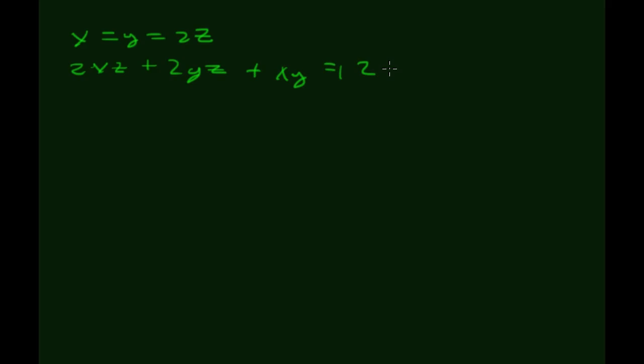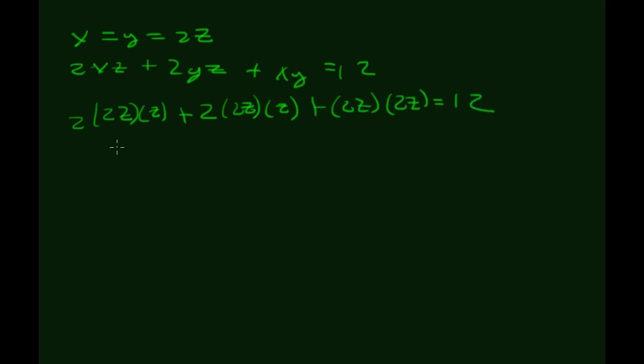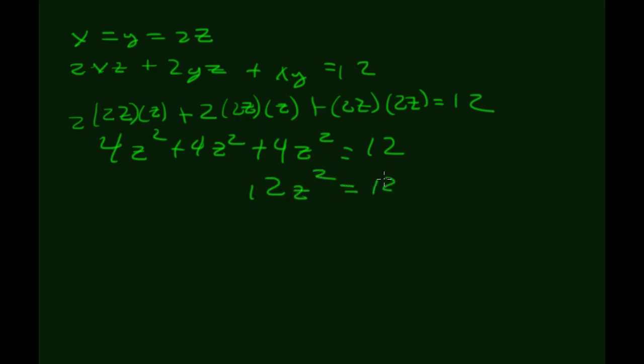So that's pretty straightforward. So let's see, this is going to be 2 times 2Z times Z plus 2 times 2Z times Z plus 2Z times 2Z is equal to 12. So let's see, 4Z squared plus 4Z squared plus 4Z squared is equal to 12. 12Z squared is equal to 12.